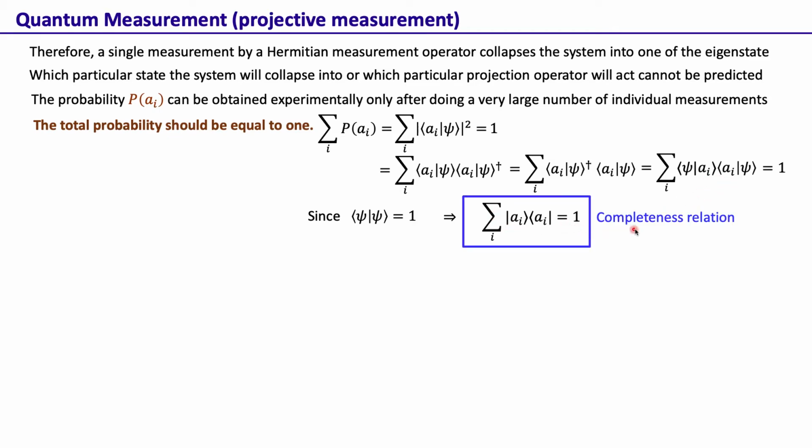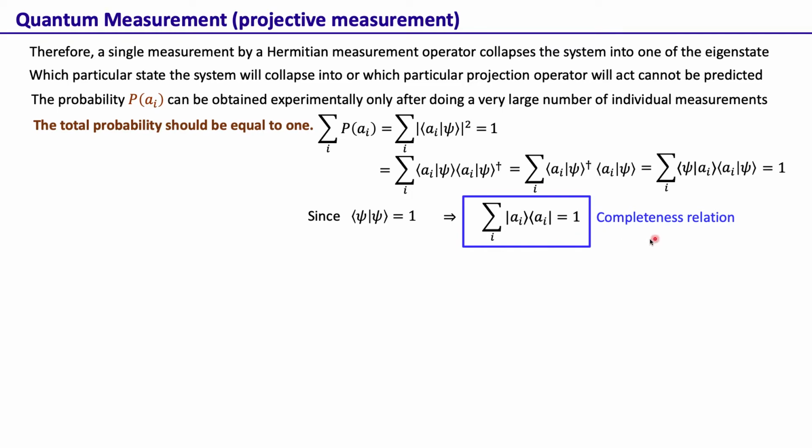So this is essentially a completeness relation, which says that the sum of all these projections has to equal 1, and this means that when we do the measurement one of the projectors has to become active and the system has to be found in one of the eigenkets. So that's what it means.